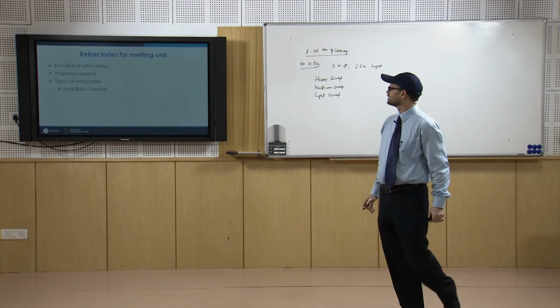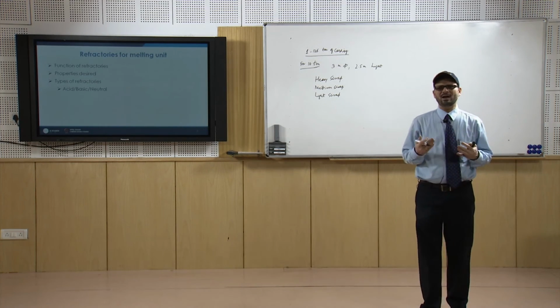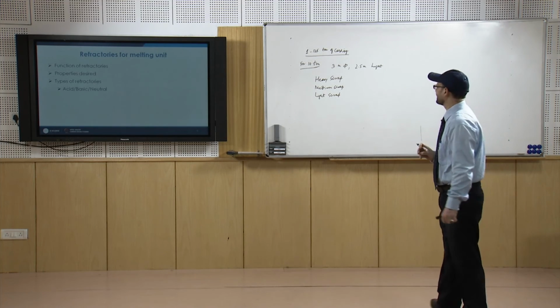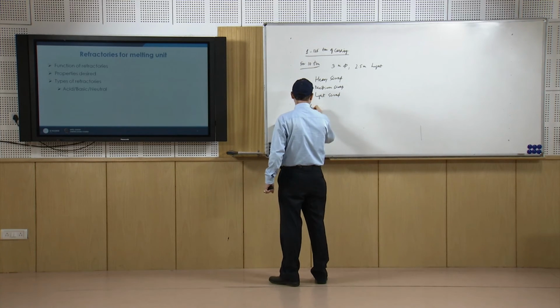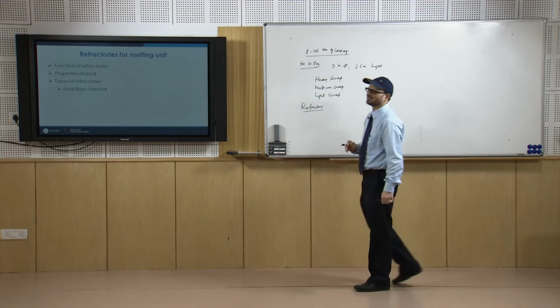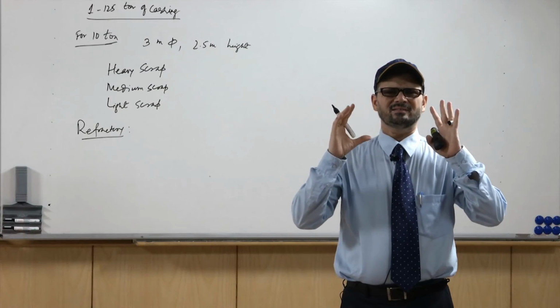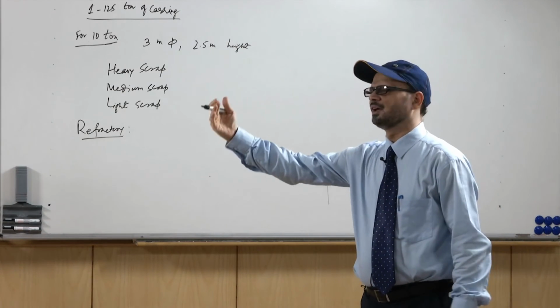Coming to the refractories for melting units. Why is refractory required? As we know, the main purpose of the refractory is to withstand high temperature. Refractory basically has the quality of resistance against temperature up to a higher value.